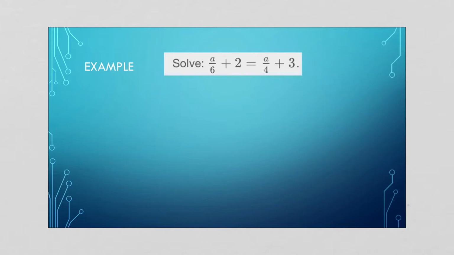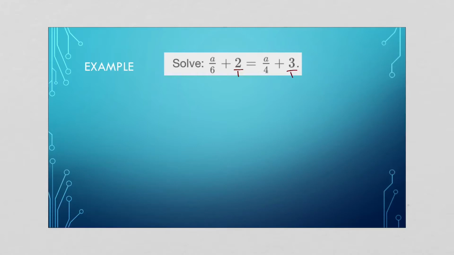Alright, so for this problem, there are many ways to do this problem correctly as well. The way that I probably would do this is I may multiply by the common denominator. So keep in mind this is over 1 and this is over 1.